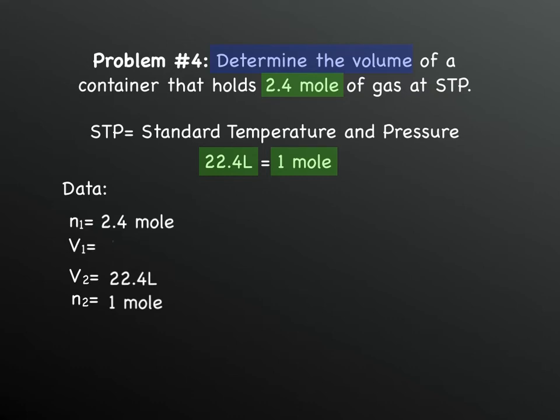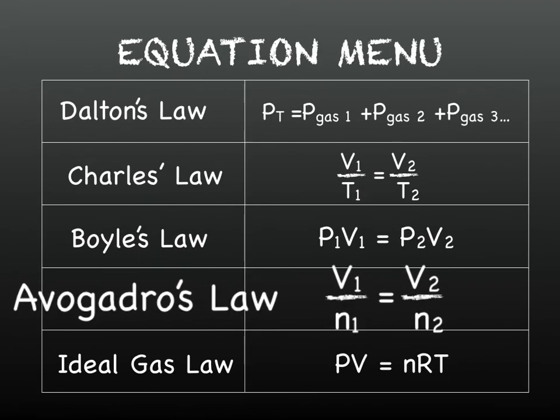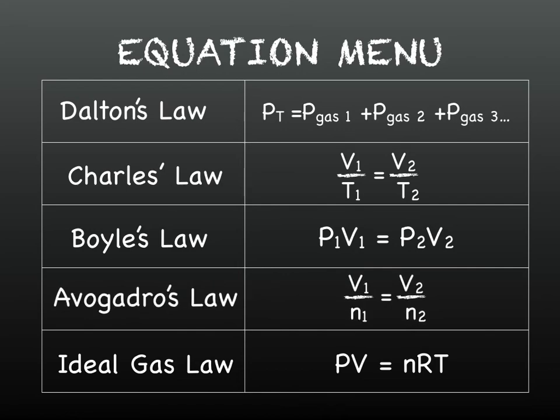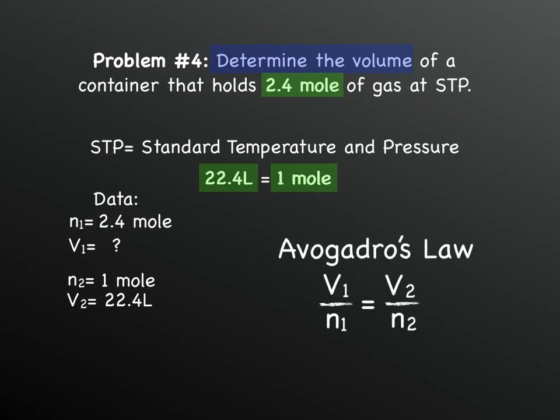So I'm looking for V1. Using all my variables, go to my equation menu. Looks like it's Avogadro's law. Choose the equation. Copy the equation down. Make sure you leave yourself some room so that you can solve the problem on the next video, please.